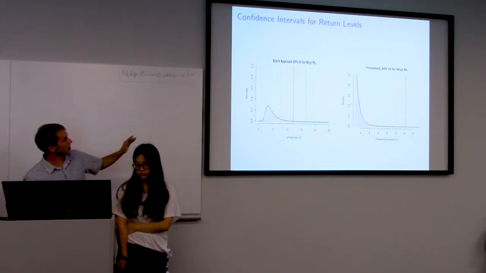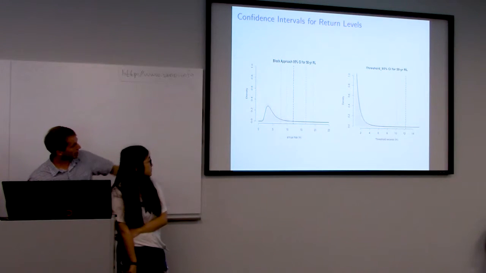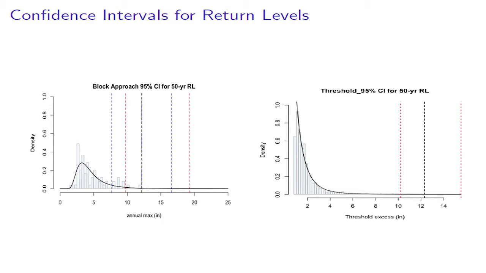Here we're looking at the different return levels for the threshold approach and the block approach. We've plotted confidence intervals. Both of them give return levels of about 12 with confidence intervals that do include some observations that we've seen.